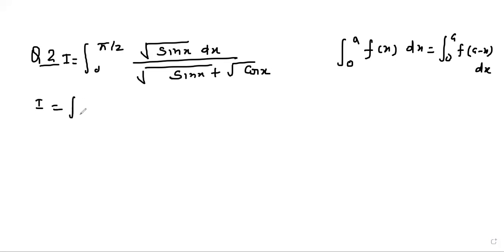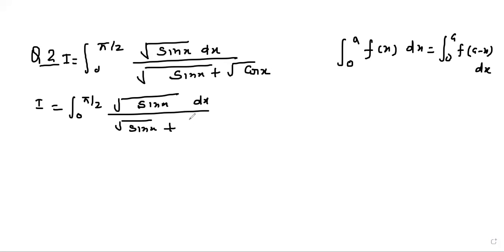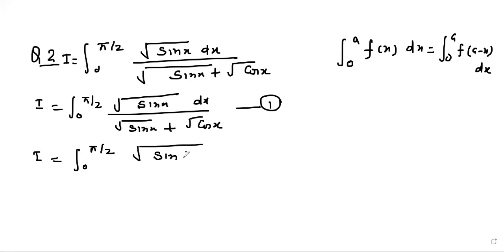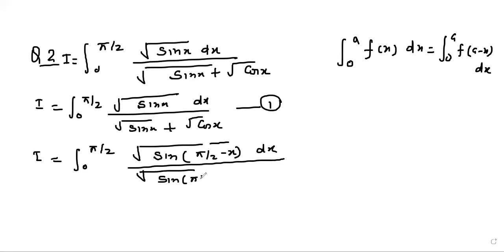So I equal to integration from 0 to pi by 2 of root sin x dx divided by root sin x plus root cos x. Suppose this is equation number 1, and we write further I equal to integration from 0 to pi by 2, using the property, of root sin (pi by 2 minus x) dx divided by root sin (pi by 2 minus x) plus root cos (pi by 2 minus x).